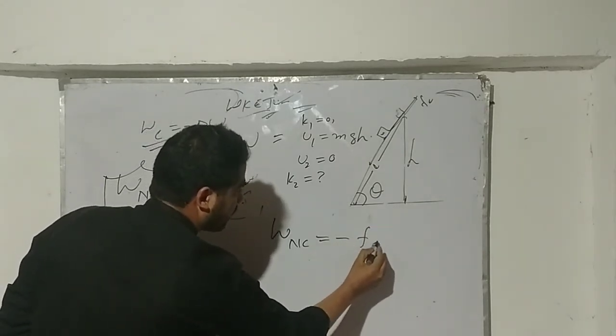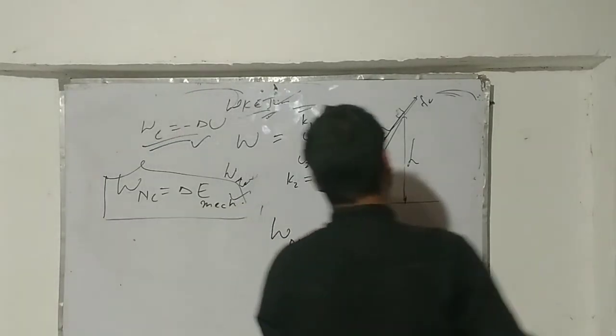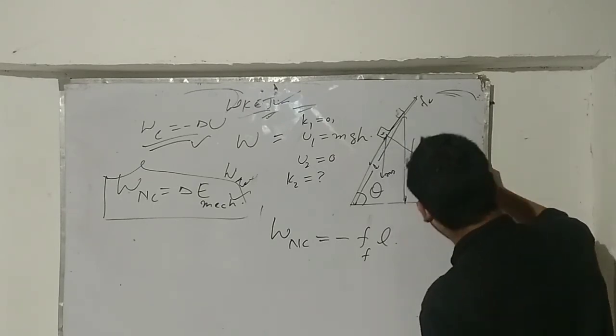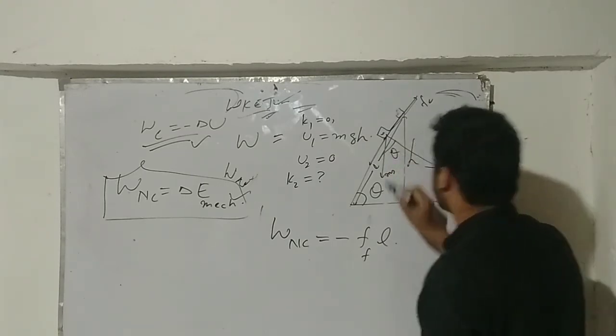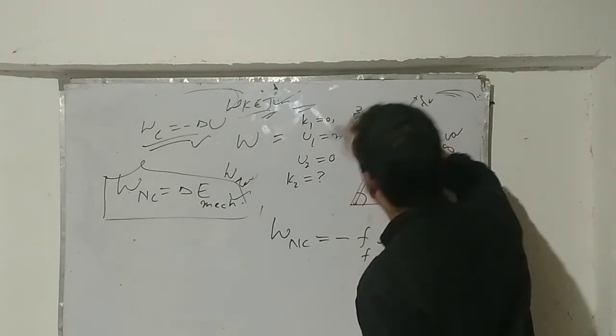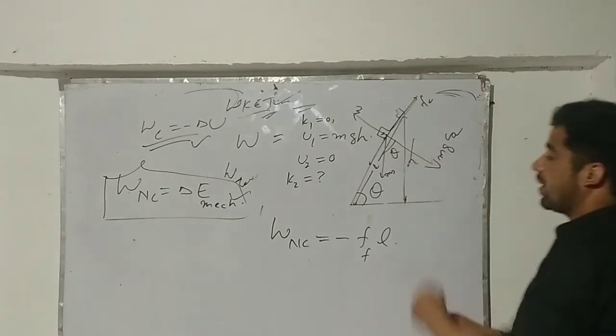F times L. Okay, if I draw a free body diagram, this is the weight of the body. Its one component will be along this direction, mg cos theta. If this is theta, this will be theta as well by geometrical argument, and here will be my normal force. By definition, normal force is perpendicular to the surface.